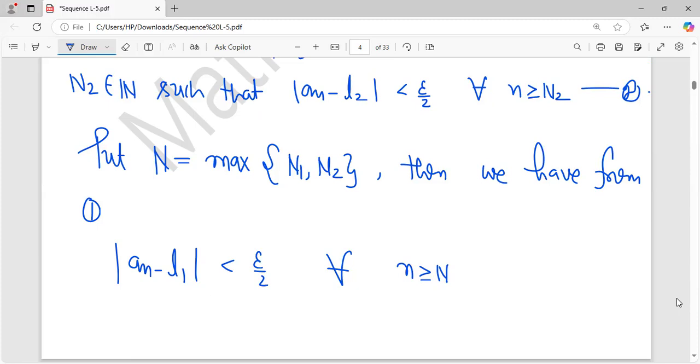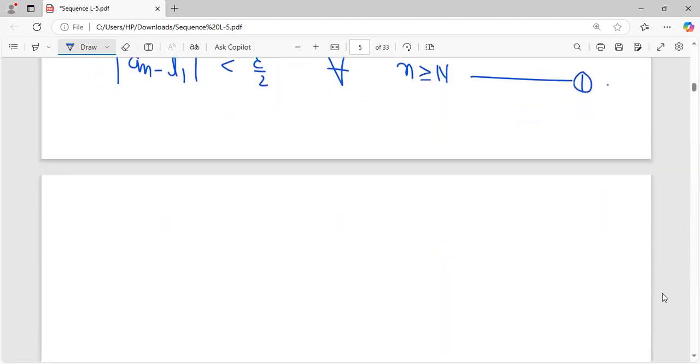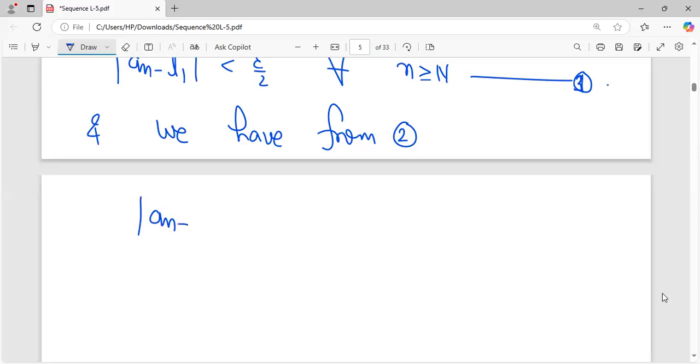So equation 1 will also hold if we take n greater than capital N. And from 2, this is equation number 3, we have |an minus L2| less than epsilon by 2 for all n greater than capital N. This is equation 4.